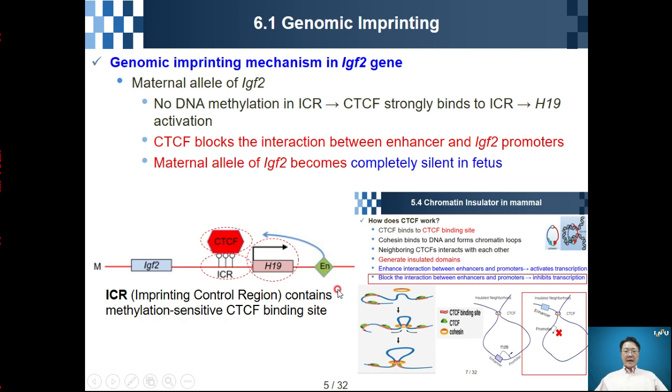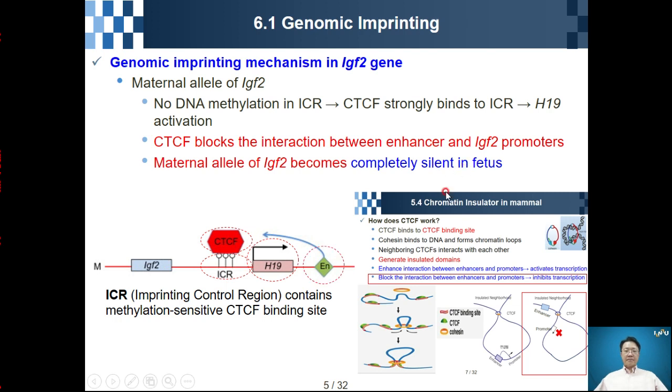In this case, in the maternal allele of IGF2, CTCF blocks the interaction between the enhancer and the IGF2 promoter. So that's why the maternal allele of IGF2 becomes completely silent in the fetus.